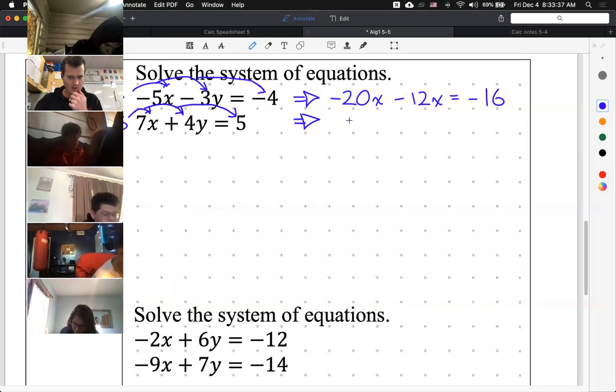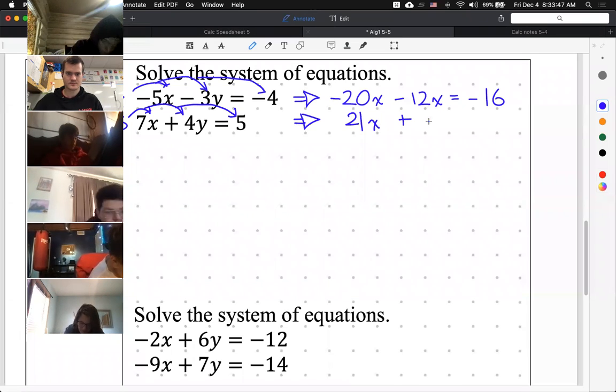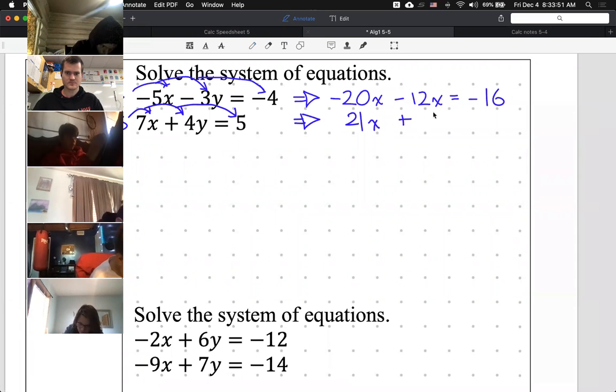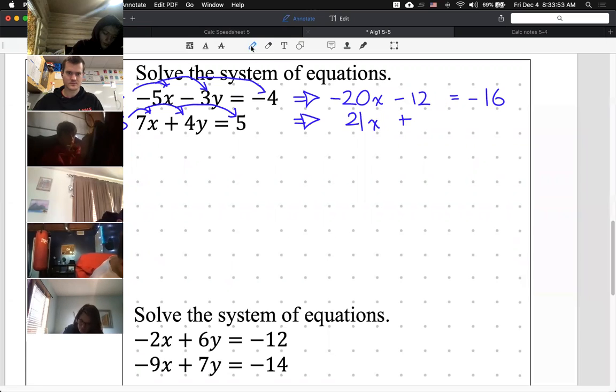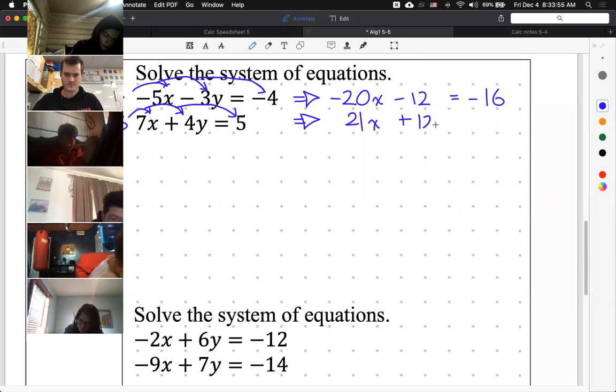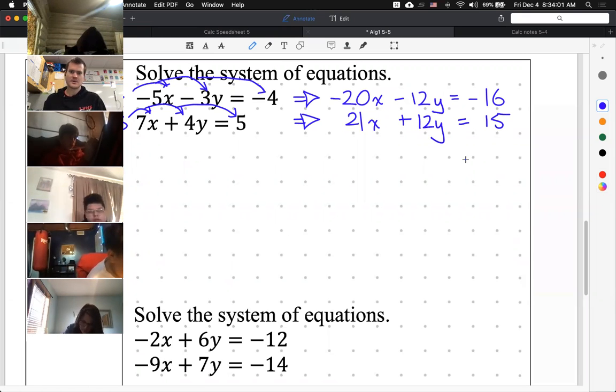Oh no, I mean positive 21x. Sorry, I got a little confused. Positive 21x. And then plus times 4, which would be 12y. Then multiply it by 5, it would be 15. 15. There it is. Yeah, thank you.